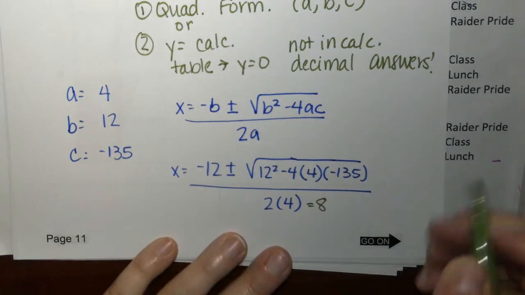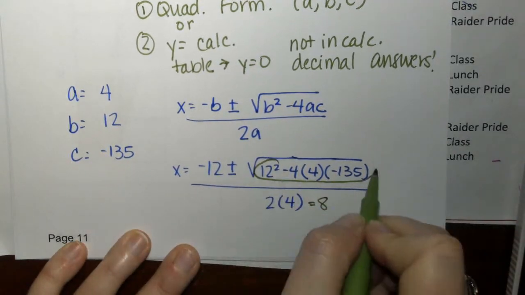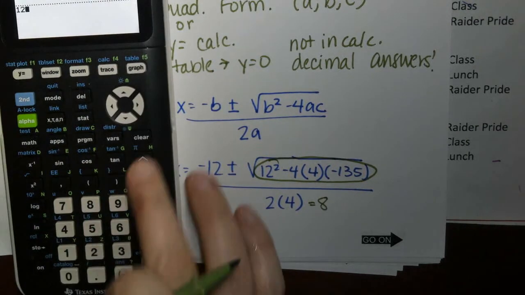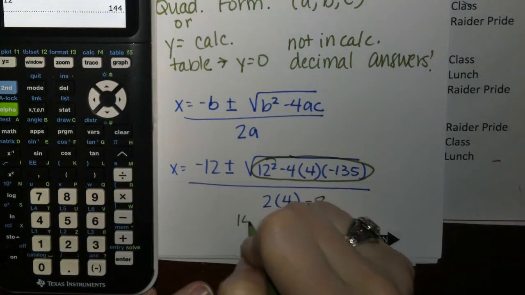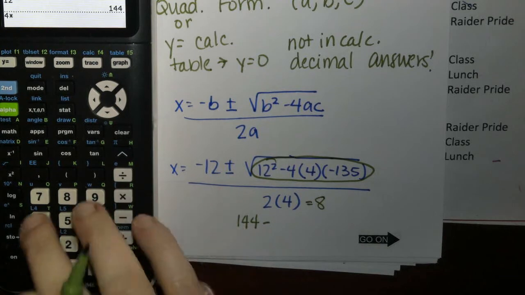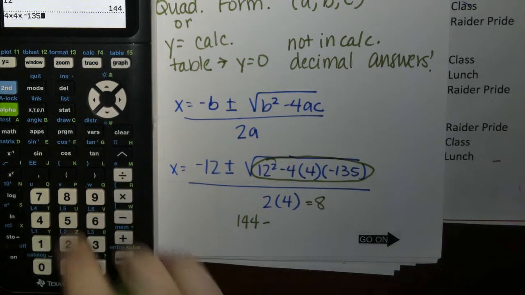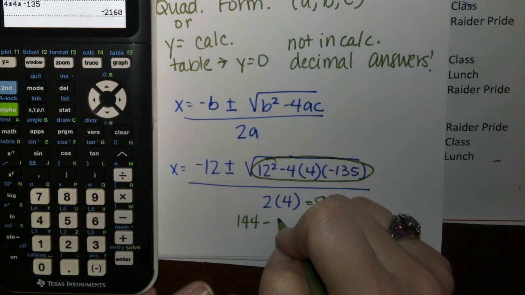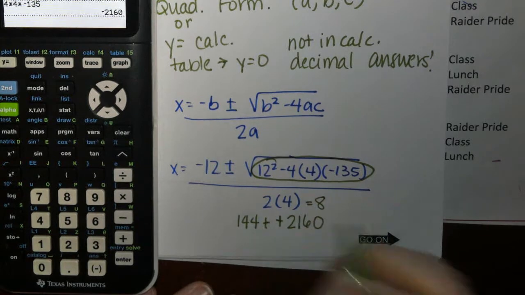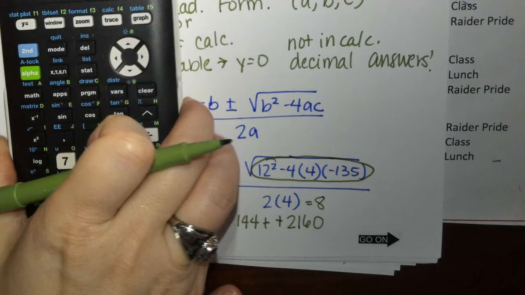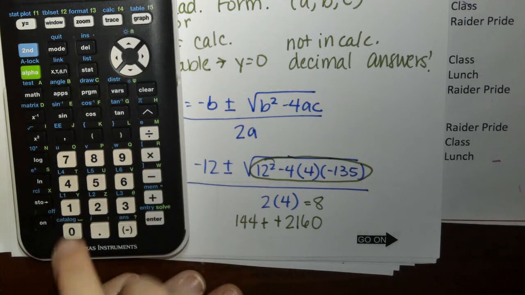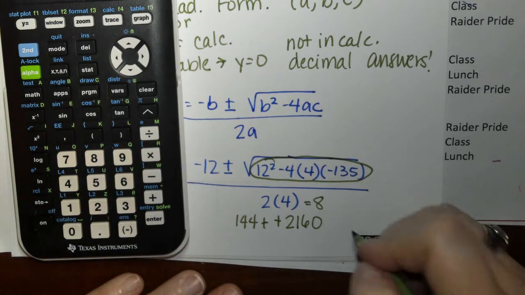So down here, this is going to equal 8. I'm going to work out this part here. 12 squared is 144, minus 4 times 4 times negative 135, which is negative 2160, so that's going to be plus. 2160 plus 144 is 2304.